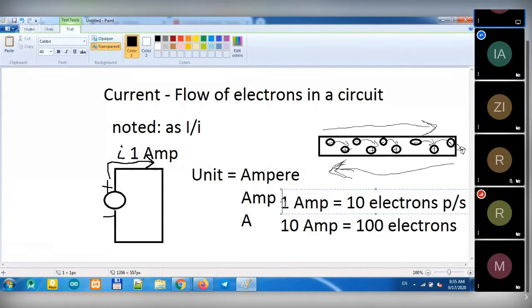There are a lot of electrons that move in 1 amp, like thousands. So for you to understand, I'm giving you a small number. So if it's 1 amp, that means there are fewer electrons moving. If it's 10 amp, that means a higher number of electrons moving. Okay?